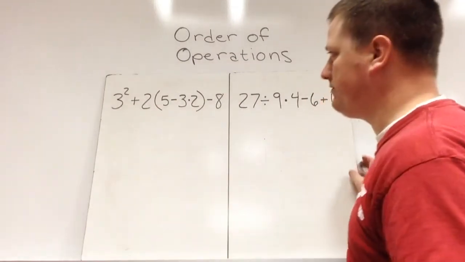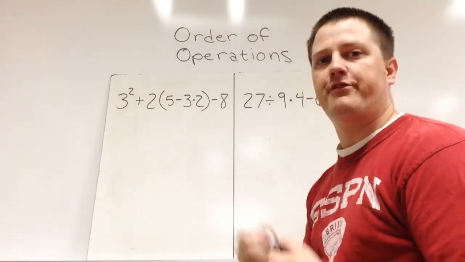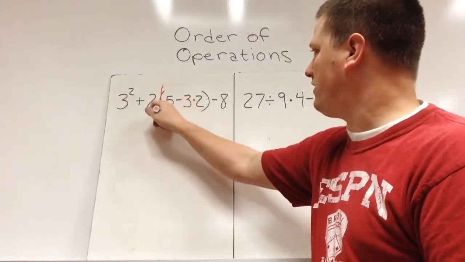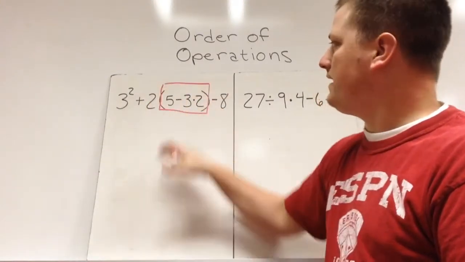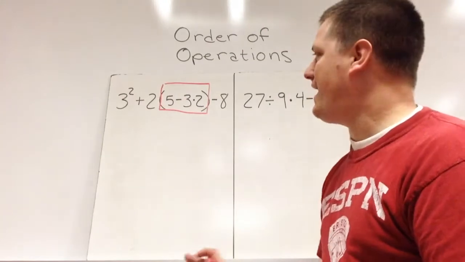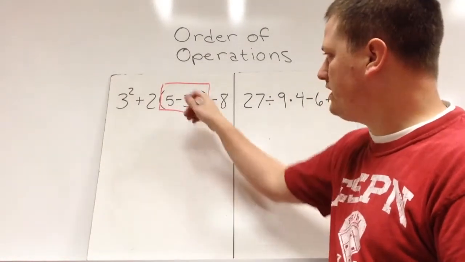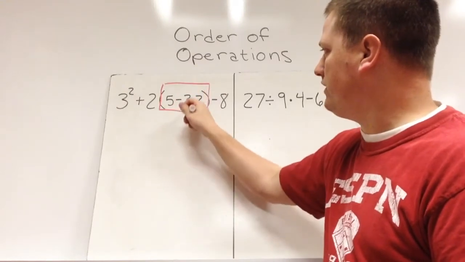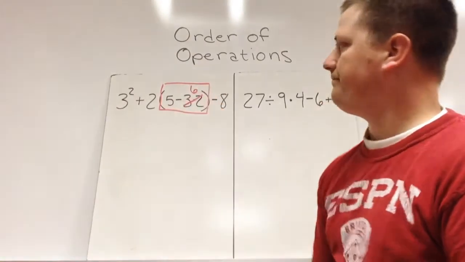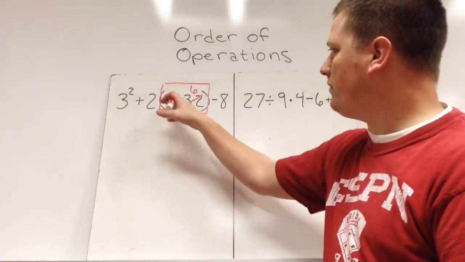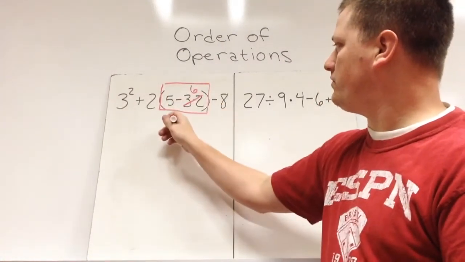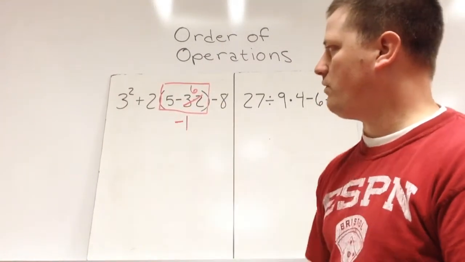So we're going to start with this problem on the left. So the first thing that I would do is I need to start with my parentheses. So inside the parentheses, I have subtraction and multiplication. Well, multiply was first, so we're going to do 3 times 2, which is 6. And then we have 5 minus 6, which is going to give us -1.